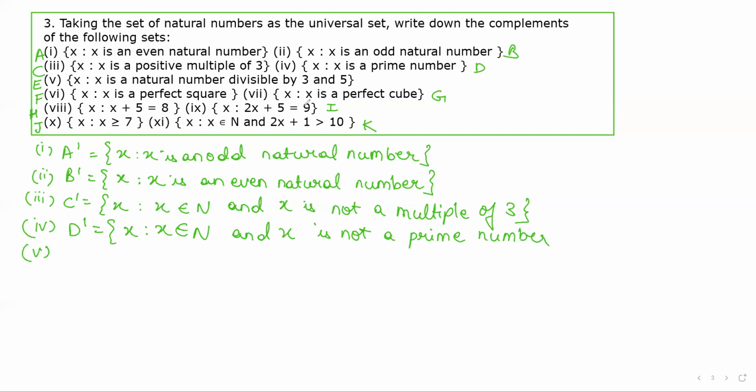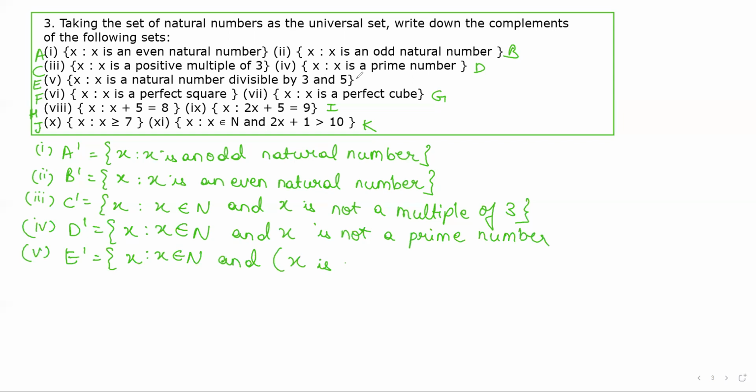X is a natural number divisible by 3 and 5. So E dash should be X such that X belongs to N and your E is x is divisible by 3 and 5.